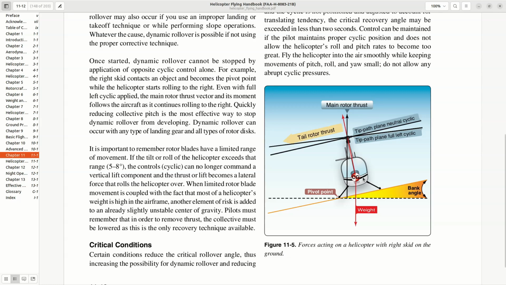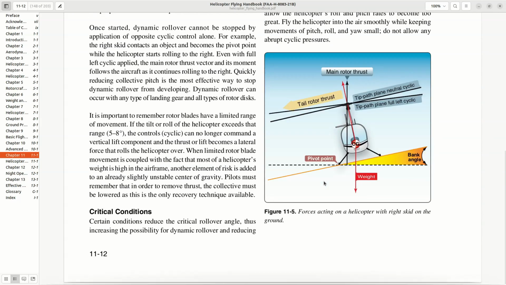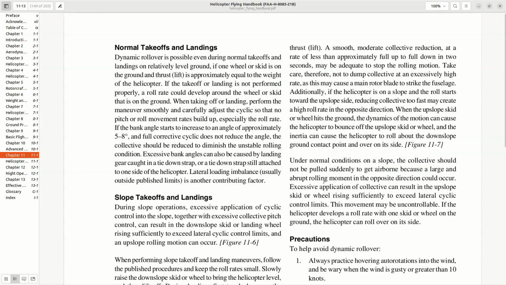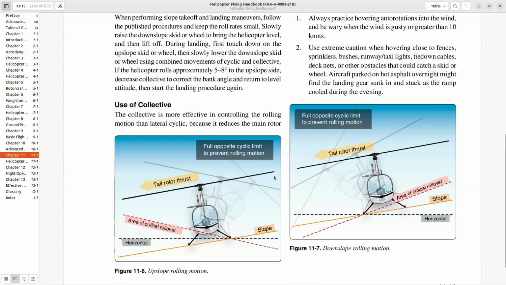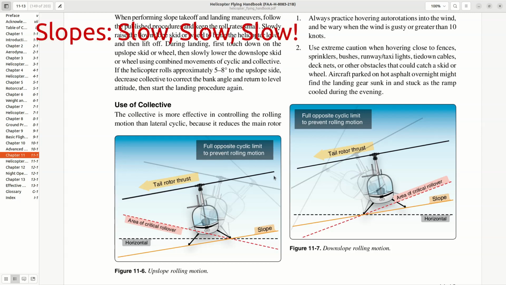But if I have good momentum, if I'm coming sideways, in this case to the right, I might have enough momentum when I hit the ground and this becomes a pivot point to roll over my helicopter. So, what do we want to do? If we're coming in and we're doing a slope landing, we want to go slow, slow, slow. That's what I always tell my students.